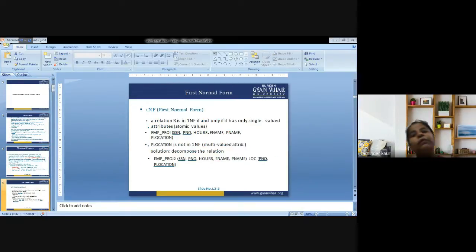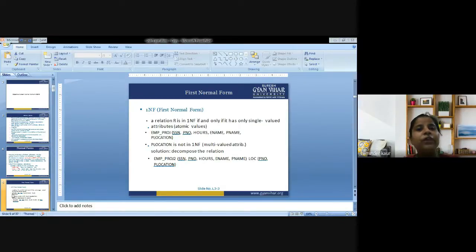Now coming to the main point of discussion, we are going to discuss various normal forms. First, we are supposed to have a look at the first normal form. Now, what is first normal form? There are certain conditions associated with first normal form. So, what are those? Have a look at the same.